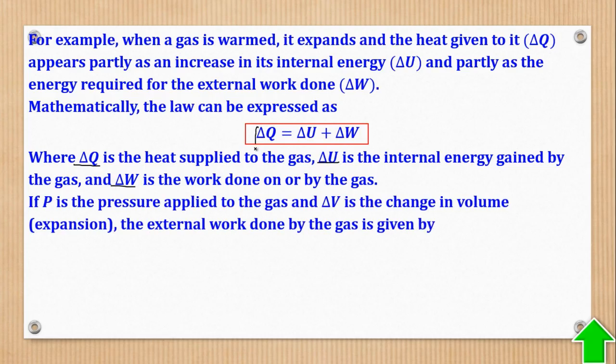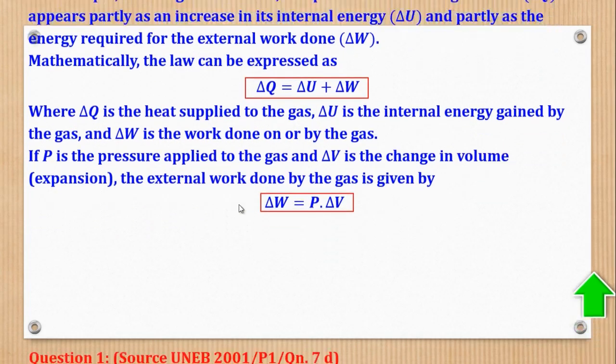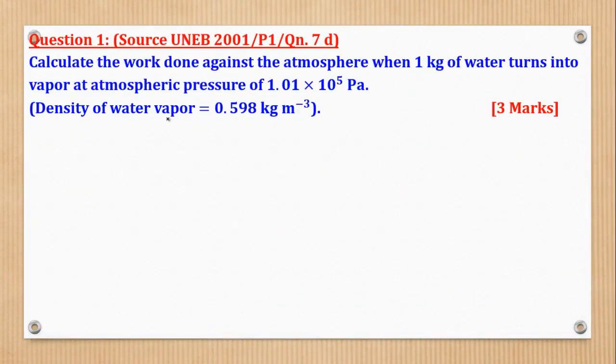We want to get the formula for each of delta Q, delta U, and delta W. If P is the pressure applied by the gas and delta V is the change in volume, the external work done by the gas will be given by pressure times change in volume. So we have now got the expression for delta W, and that can help us to do these questions.